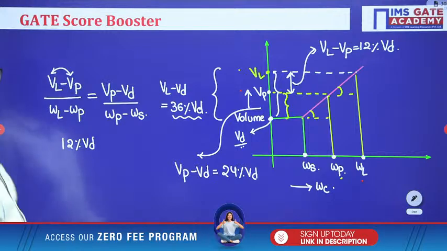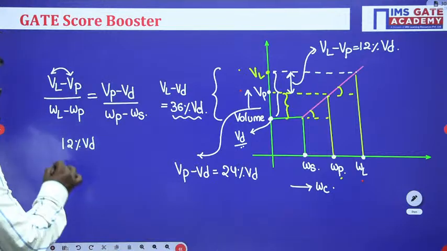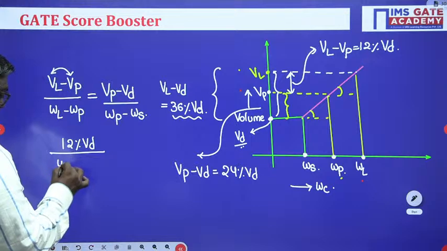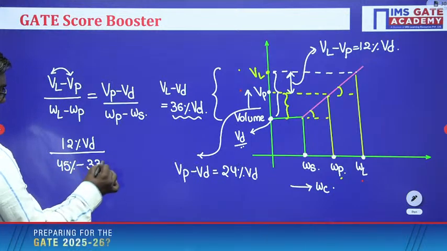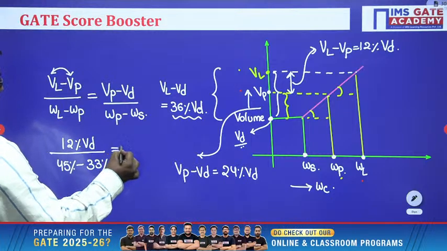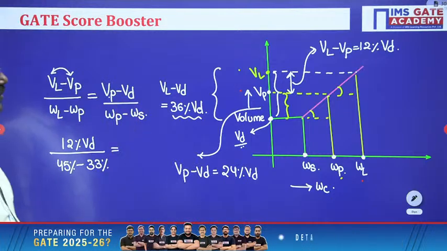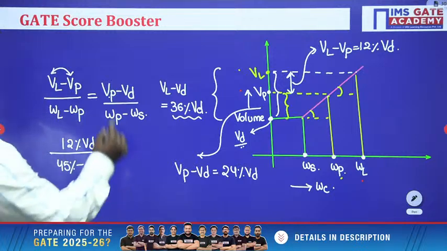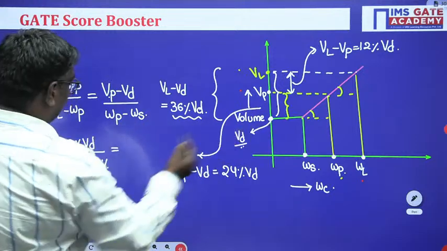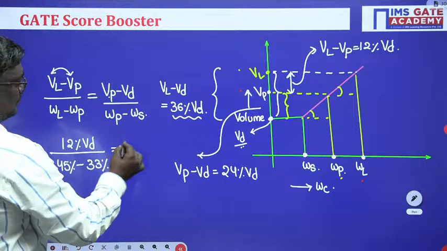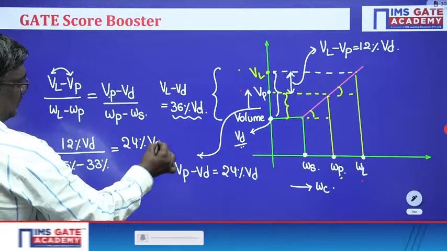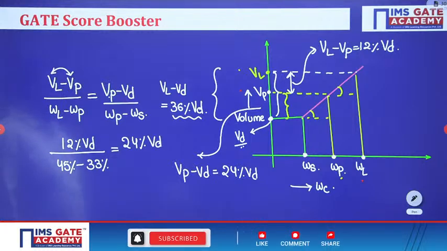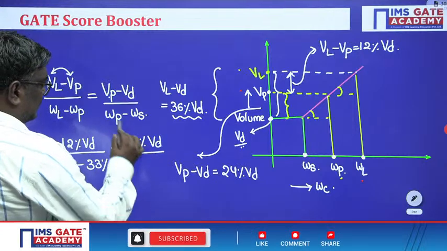And in the question, the liquid limit is 45 percent and the plastic limit is 33 percent. This is equal to VP minus VD, which is 24 percent of VD, upon WP minus WS.